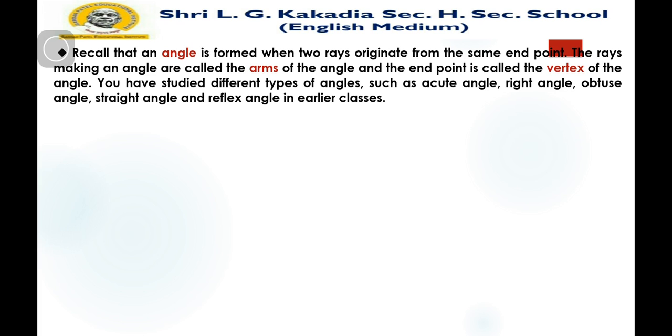Now about angles. If we take two distinct rays whose starting vertex is common, the area between these two rays is known as an angle.